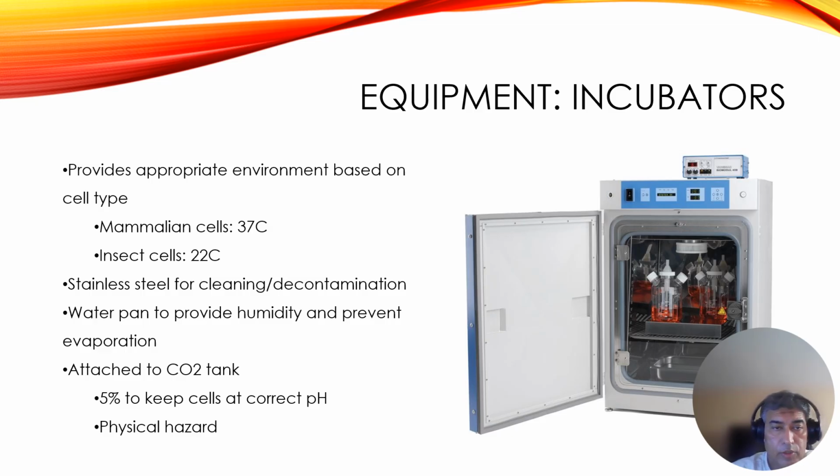Attach a CO2 tank or CO2 supply at 5% to keep cells at the correct pH, and also to prevent physical hazards. Physical hazards mean excessive temperature, atmospheric air, or too much humidity. Those are all harmful for the cells.